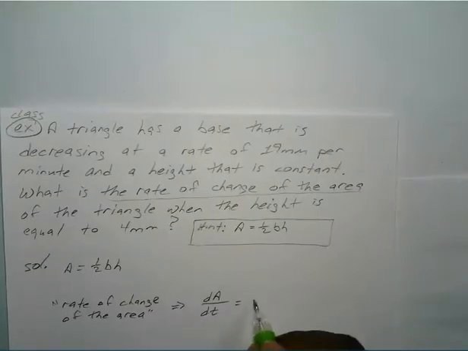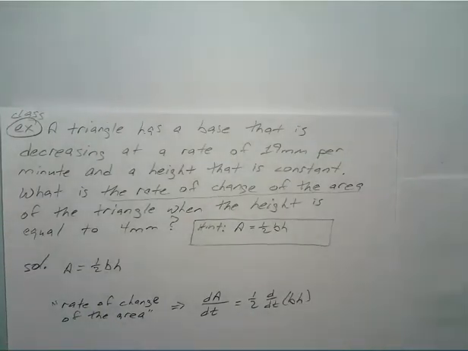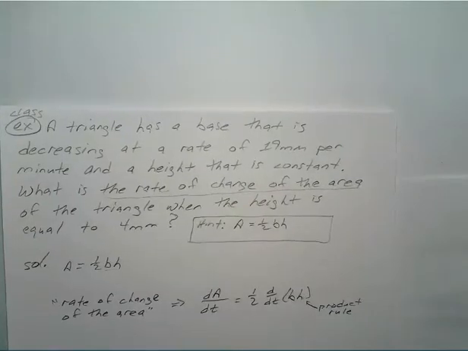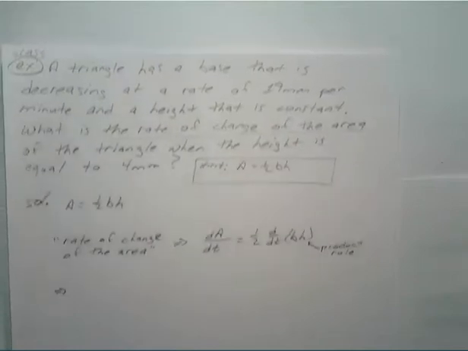So that's going to equal 1/2 times the derivative with respect to time of your B and H. Okay, so we have 2 variables, which means we have to use the product rule to find the derivative of those. All right, so I'm going to move this over to the left a little bit.